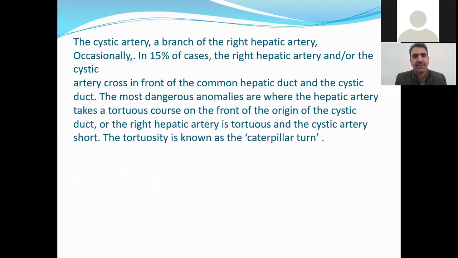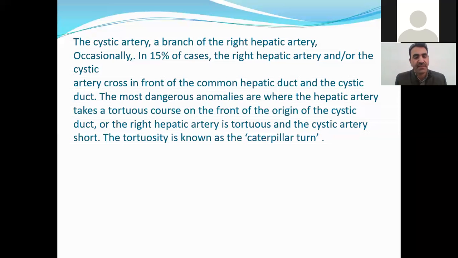The gallbladder is supplied by the cystic artery, which is a branch of the right hepatic artery. Where does that come from? From the common hepatic artery. And that comes from where? From the celiac artery. Occasionally there is individual variation. In 15% of cases the right hepatic artery and/or the cystic artery cross in front of the common hepatic duct and the cystic duct.